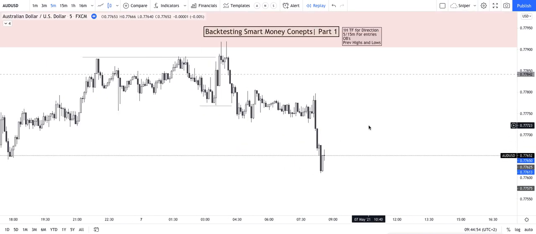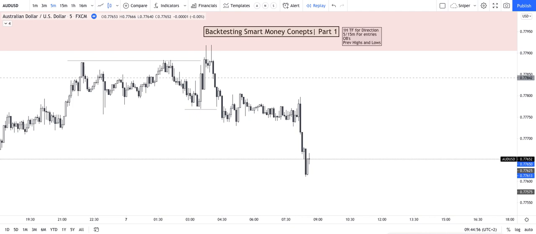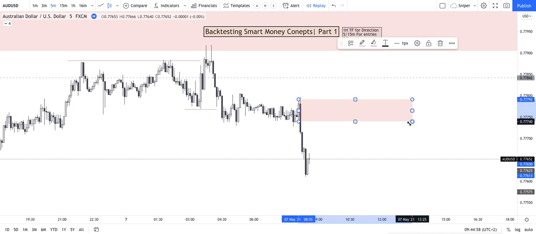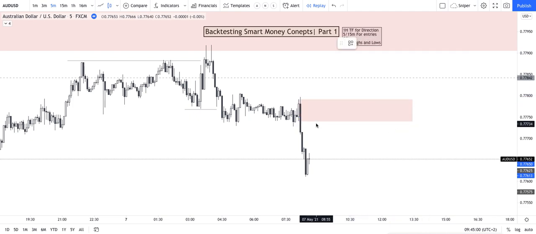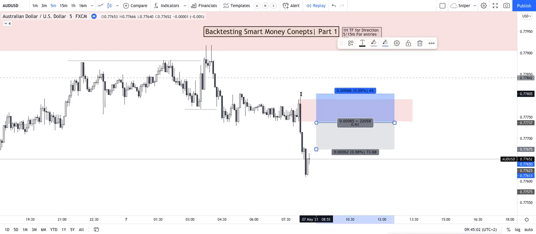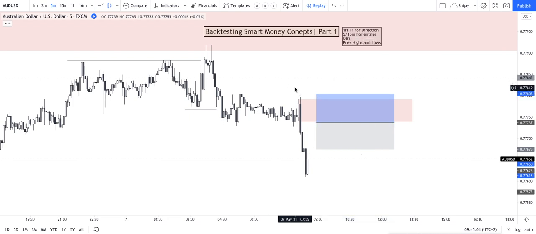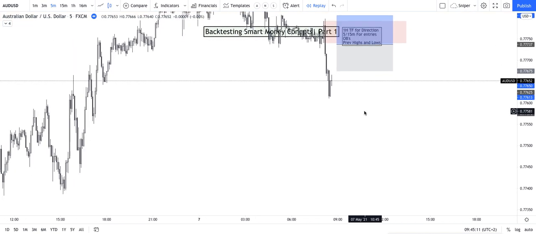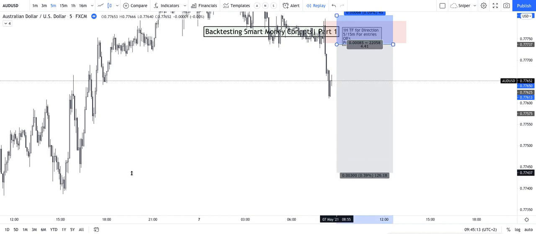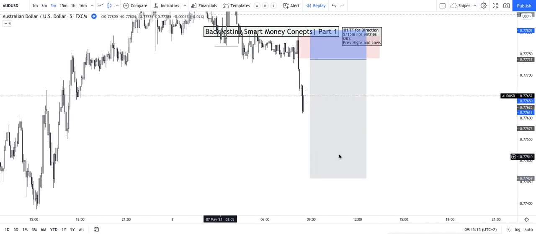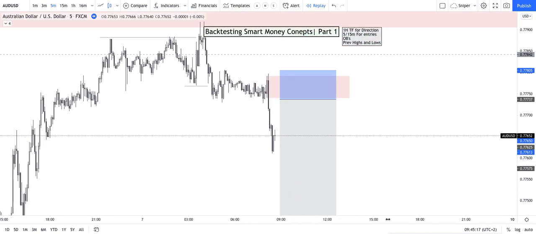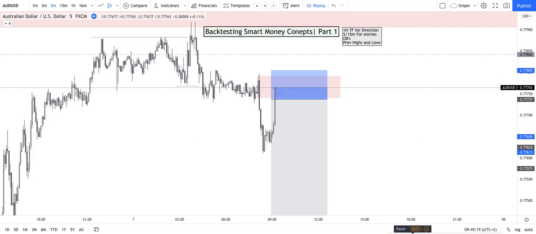Okay, so this is more what I like, and then I would potentially be looking for price to reach this area again and stop loss above, taking into consideration that it could go up higher to mitigate something in this area, but then I would just re-enter because I know risk to reward is on my side, and we'll just be aiming for these lows. So that's possibly something that we could look at.